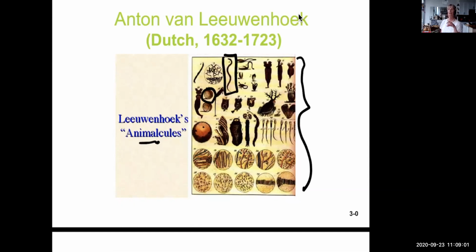There are some single cells, protists, that live in water and are quite large, even though they're just one cell. Amoeba is one of them. There is a type of amoeba that can cause dysentery, amoebic dysentery.